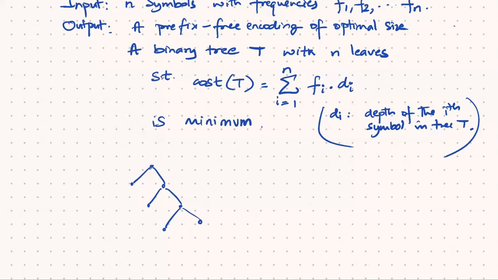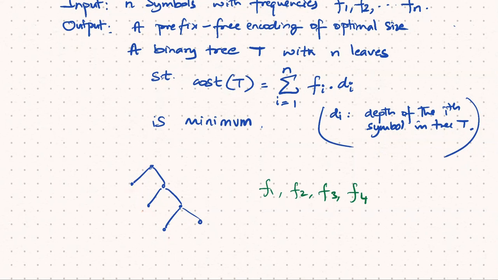Okay, so let's say we had F1, F2, F3, F4. We have 4 symbols with these corresponding 4 frequencies. Where could we place these symbols in these positions?